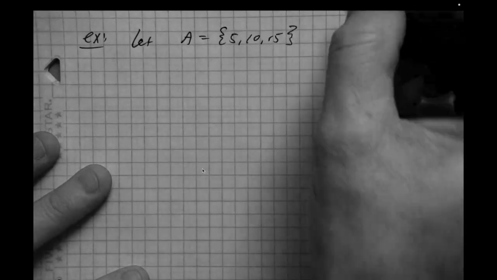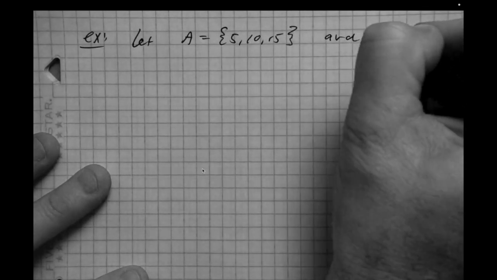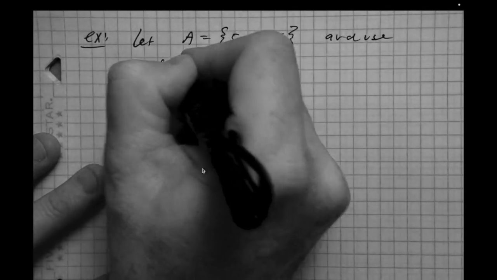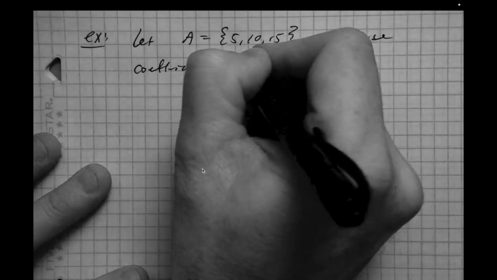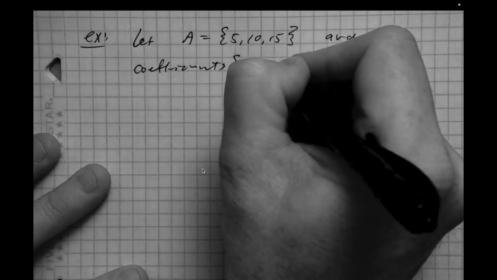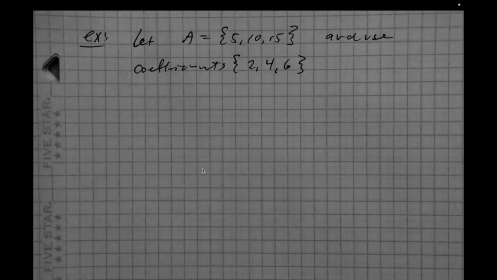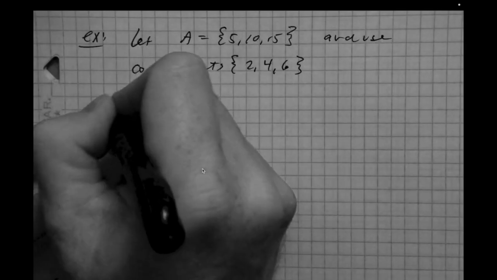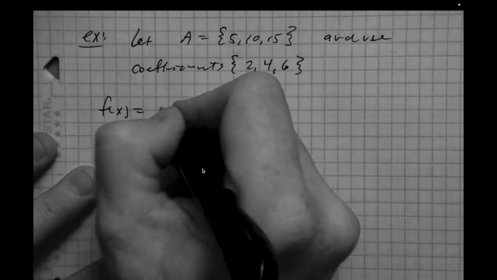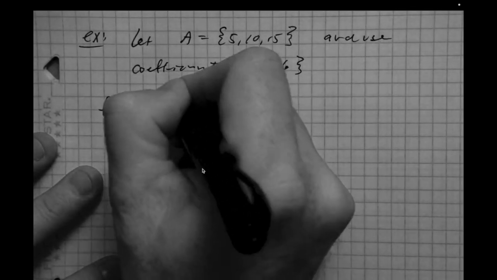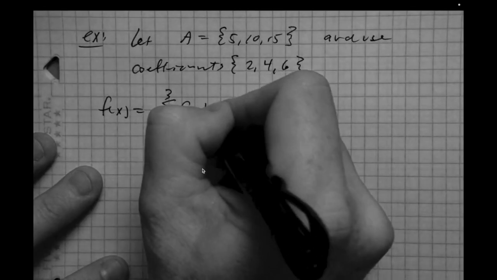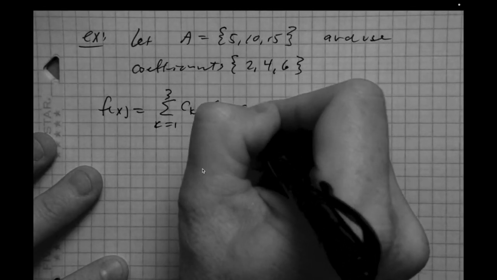And let's use coefficients 2, 4, and 6. It doesn't matter what you pick here, just so long as the cks are greater than 0. Okay, so what's the function look like in this case? f of x equals the sum from k equals 1 up to 3 of ck I of x minus ak.